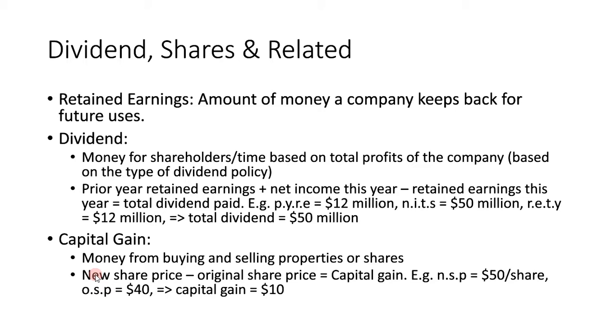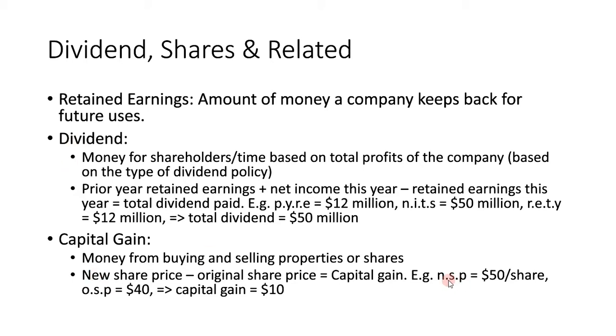The difference is called capital gain. Similarly for properties, you take the new price of that property minus the original price you bought it for, and you get the difference between the two, and it's called capital gain. If the capital gain is a positive number, then you've made some profit. But if it's not, then you've lost money.